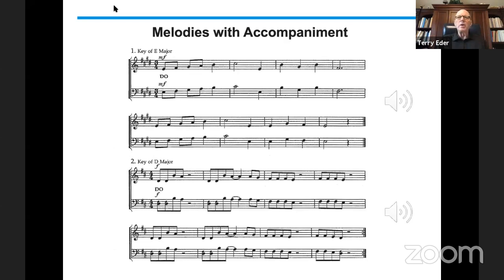Then, here are some. I like to do melodies with accompaniment. I know I'm kind of running out of time here, but let's do these. Here's the way I do them with my classes. I will have them write out the rhythm, 1 and 2 and 3, and so on. Then I will have them write out the solfege. This one, they give you do.